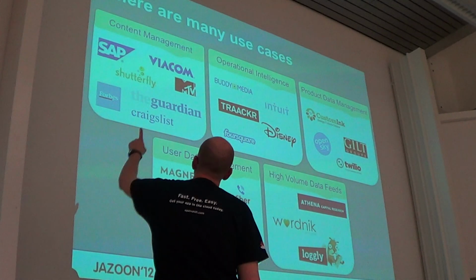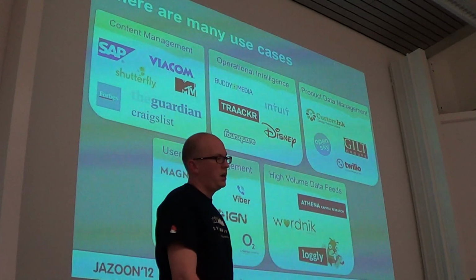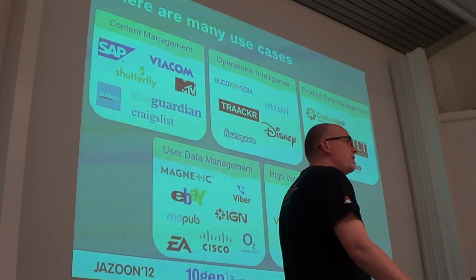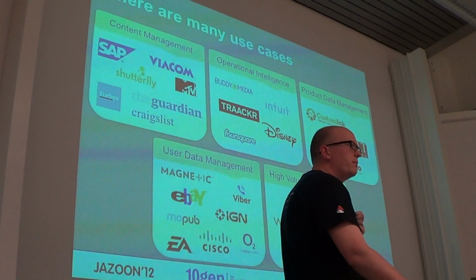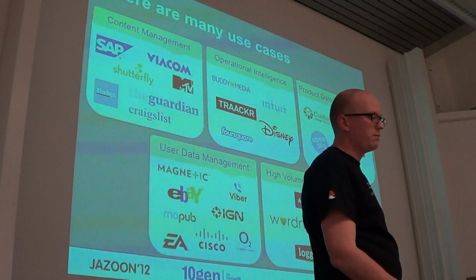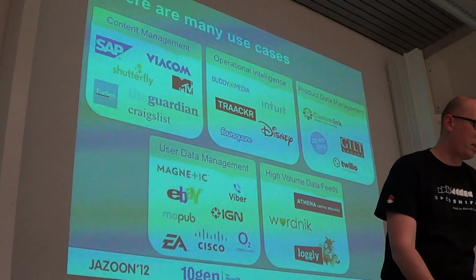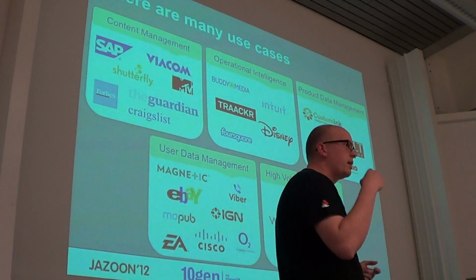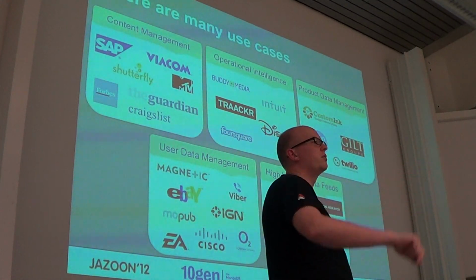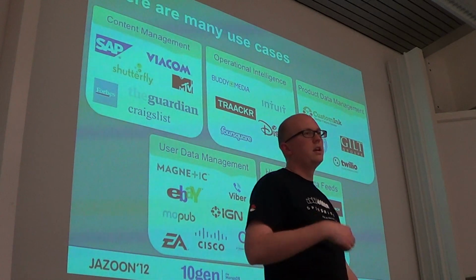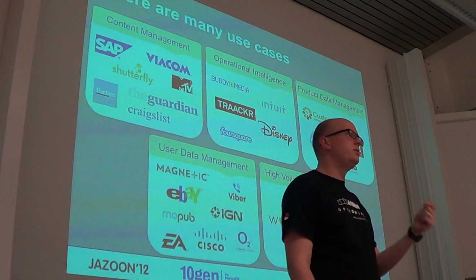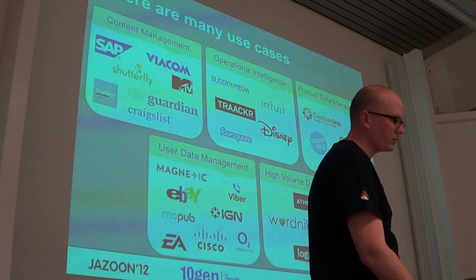Another quite interesting one is Shutterfly. It's not very big in Europe, I don't think, but in America it had a very interesting situation where it was storing, I think, 20 terabytes of data and having massive problems with its stack. By being able to switch to MongoDB and shard across a large number of clusters, keeping all of its data in memory essentially, it reduced its response time massively.